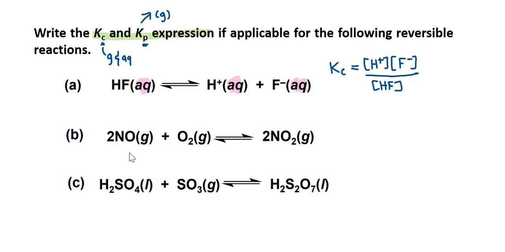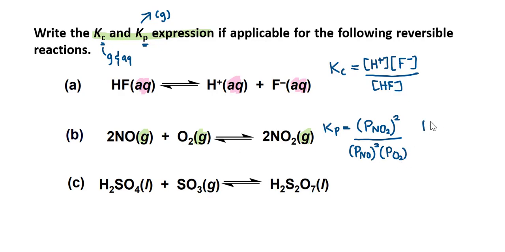For the second reaction, we have gas, gas, and gas. Since we have gas, we have the Kp expression, which is the partial pressure of the NO2 gas to the power of 2, since we have 2 moles of NO2, divided by the partial pressure of the NO gas to the power of 2 times the partial pressure of oxygen gas to the power of 1.